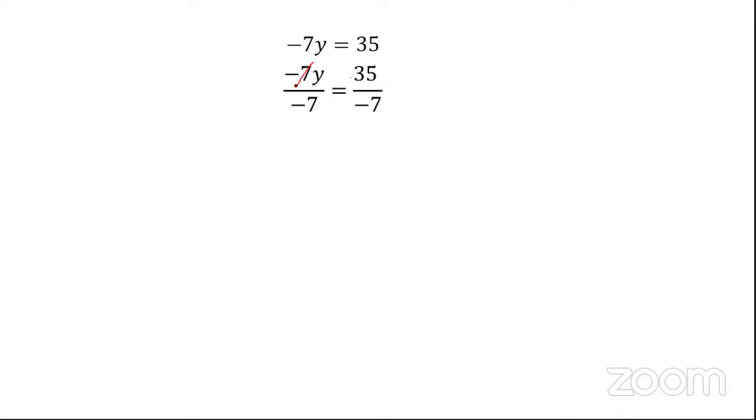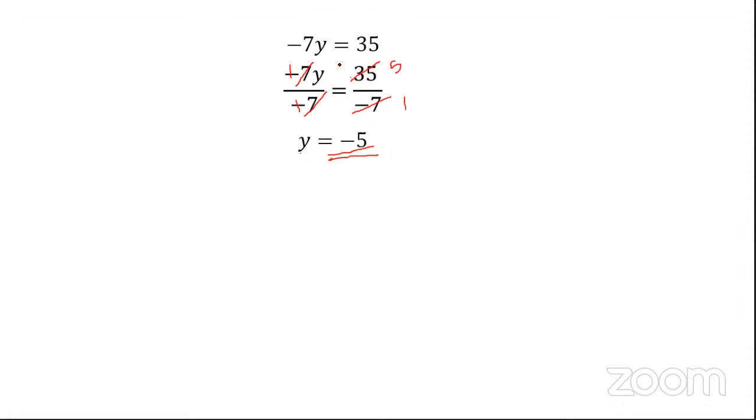So when we divide by 7, this one changes to positive. The 7 cancels with the 7. Then we remain with y. So here 35 by 7 is 5, here by 1. So 5 divided by negative 1. That means our y would be equal to negative 5.